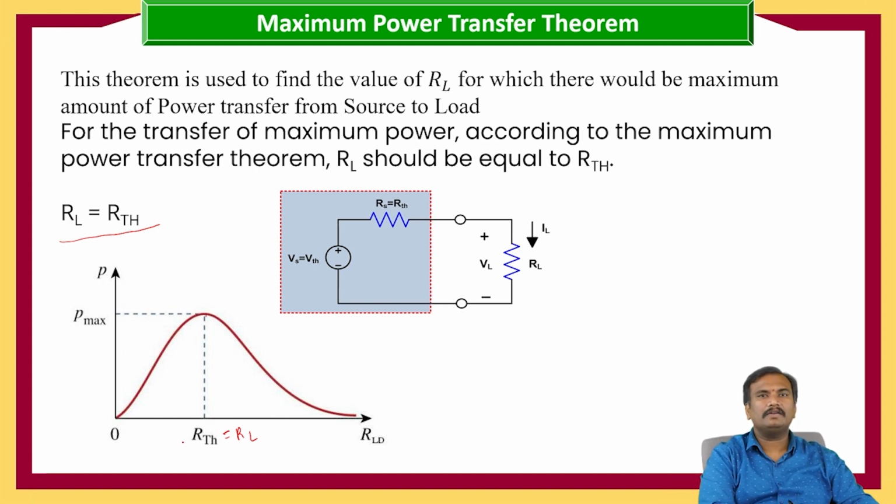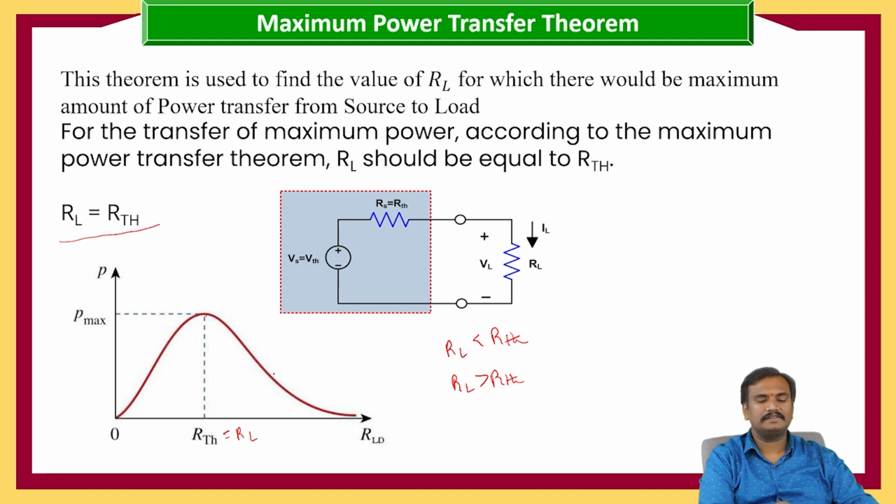If we take different values of load resistance, and the load resistance value is less than RTH, the power absorbed will be less. And if the load resistance is greater than RTH also, the power absorbed is less than the maximum value.